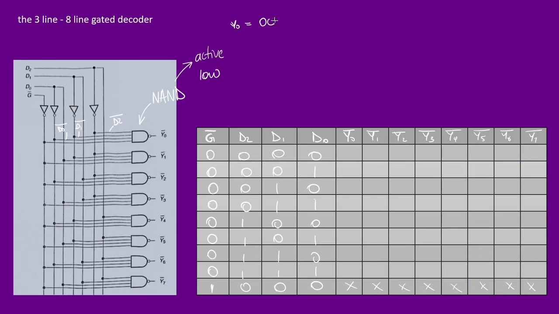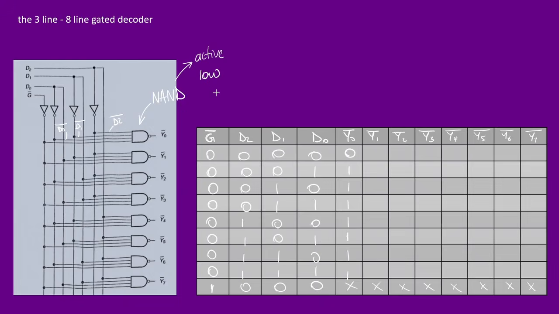That's 0, 0, 0 for my inputs. But it's important to know that I'm dealing with a NAND circuit. That's active low. So not y0 is actually going to be 1, 1, 1. For this situation, I'm going to write my output as 0 and fill everything else as 1, since this is normally high. That's what we have to do when filling this up.